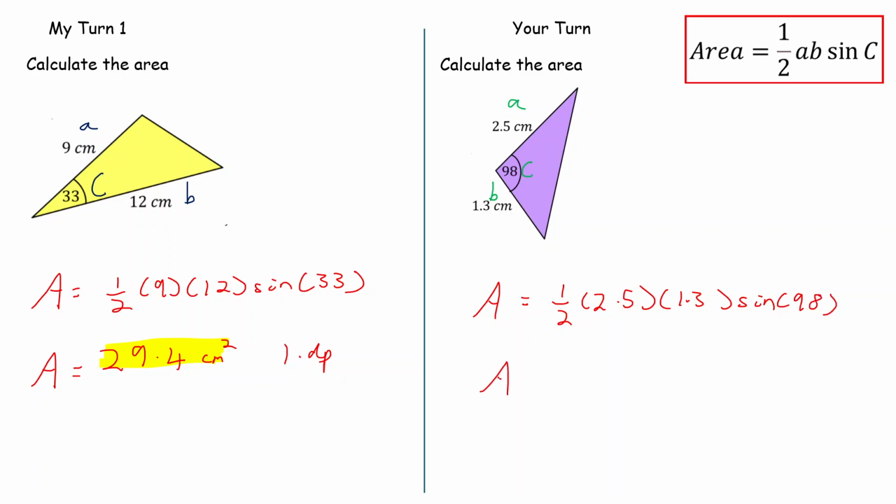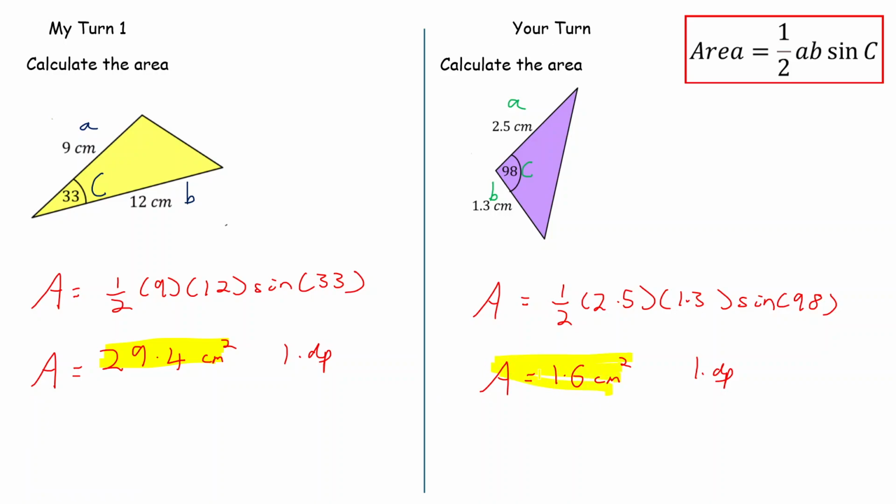Then plug that into my calculator: 0.5 times 2.5 times 1.3 times sine 98, and you should get 1.6 cm squared to 1 decimal place. If you got that, that's good. That is it for the basics of the area using sine.